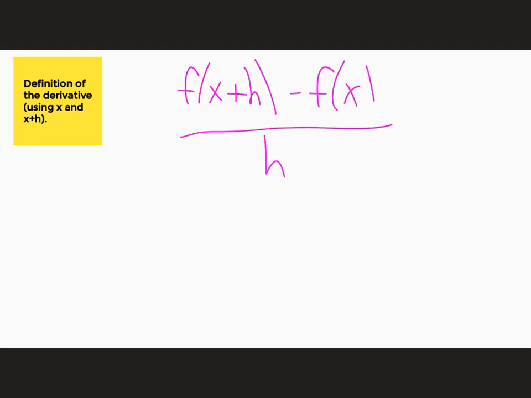Okay, now I'll fill in the blank. So we have f of x plus h minus f of x all over h. So what we're doing is we're taking that point, x, f of x. We're taking that point in space that's somewhere beyond it. It doesn't have to be above it, but I'm pretending for now.